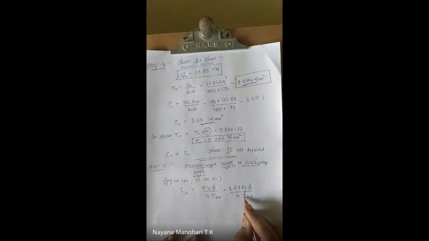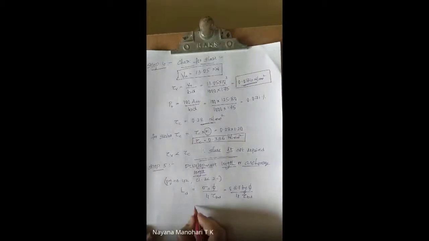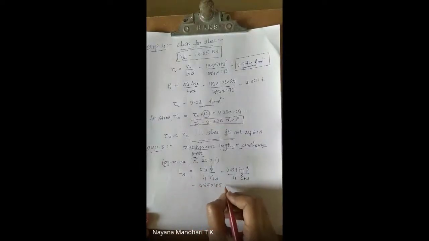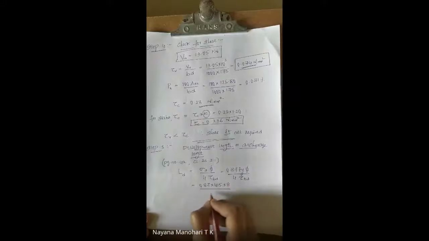It is on page number 43, Table 26.2.1. Substitute the values now. That is 0.87 into Fy, that is 415, phi value is 8, divided by 4 into tau BD value.